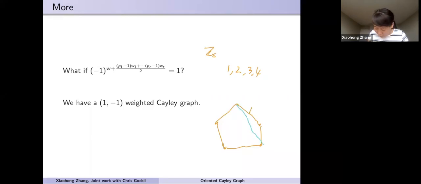If we use -2 or 3, we will have a cycle like this, -1 weighted. For this 1, -1 weighted Cayley graph, all its eigenvalues are integer multiples of √5, not negative.